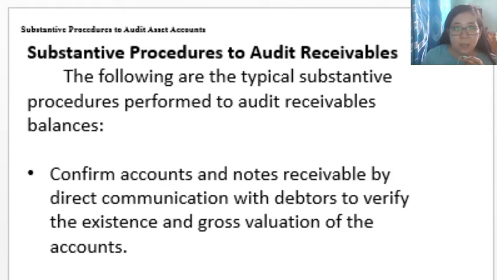In this case, the auditor will do the external confirmation, where he will send the request to the respective customers and the other debtors to verify the existence of their accounts which are recorded in the books of the entity. The responses of these debtors will be sent directly to the auditor.